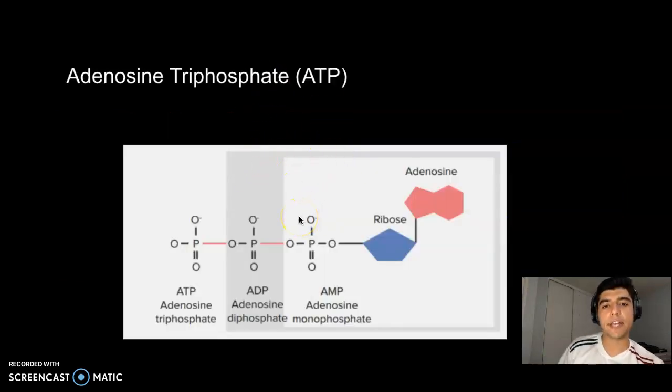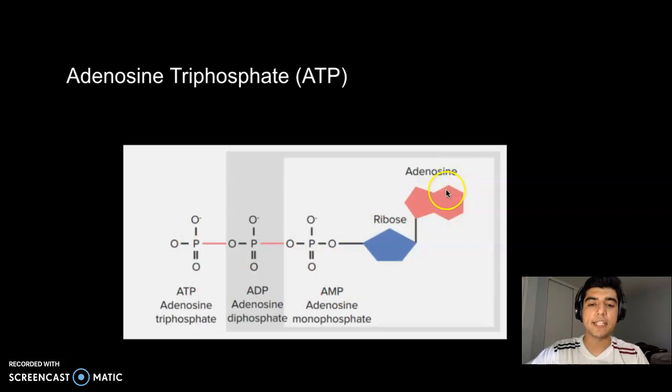Now, I mentioned earlier that energy was stored in the form of ATP, one of the products in cellular respiration. So here I have the chemical composition of ATP. ATP stands for adenosine triphosphate. You can see that ATP has three components.